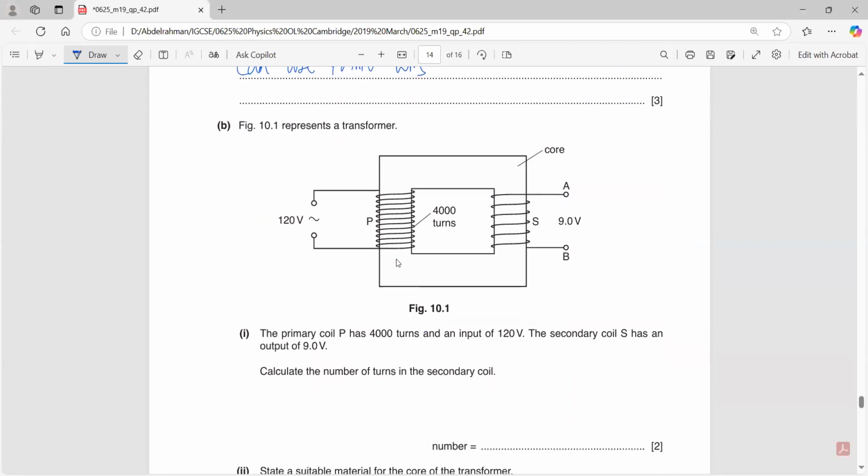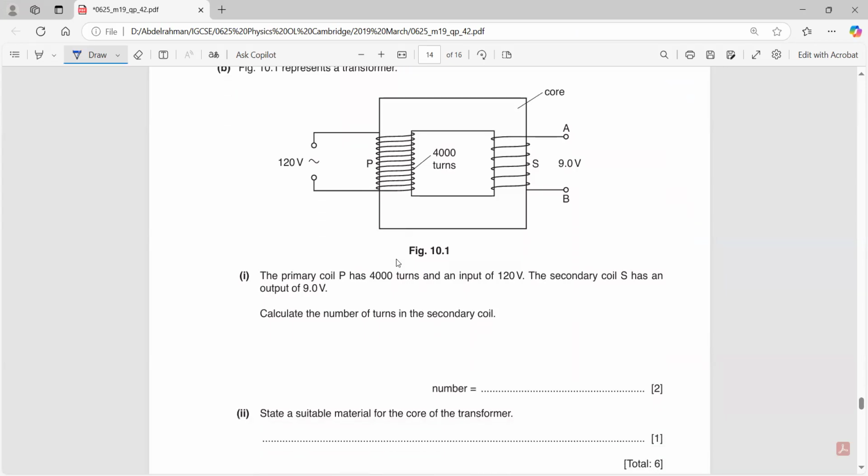Now we have a transformer. The primary coil has 4,000 turns, with an input of 120 volts. The secondary coil has an output of 9 volts. Can I find the number of turns? Yes. VP over NP equals VS over NS. 120 over 4,000 equals 9 over NS.